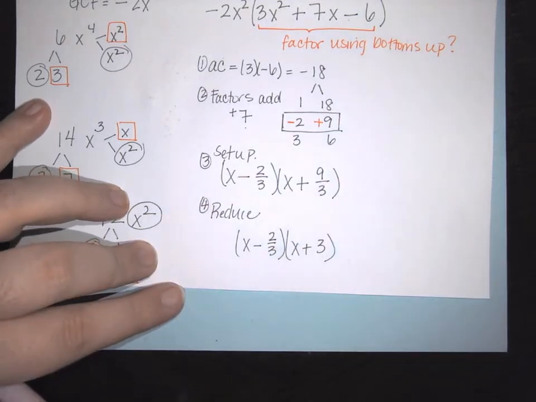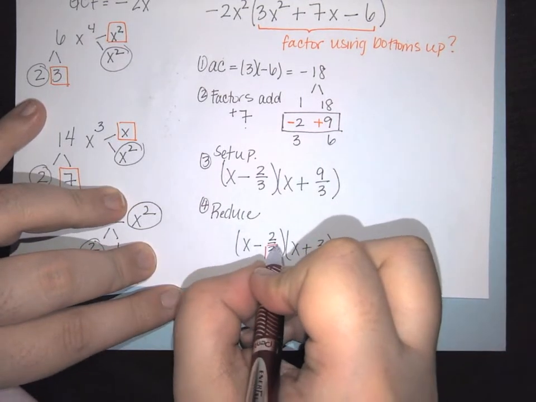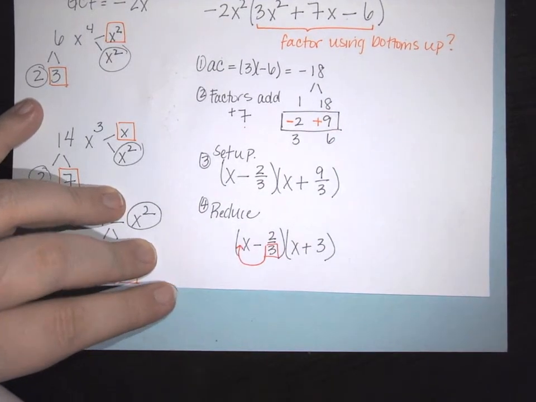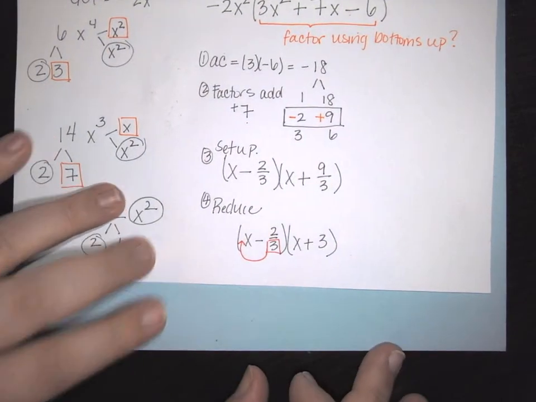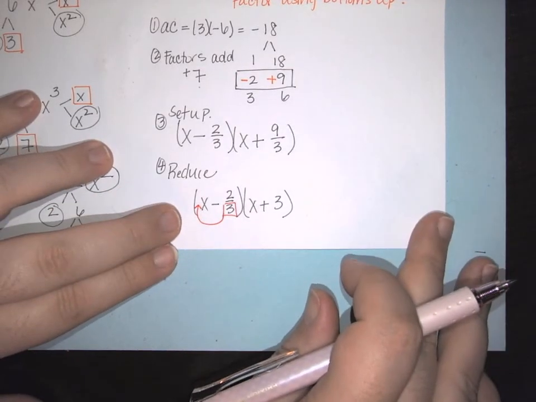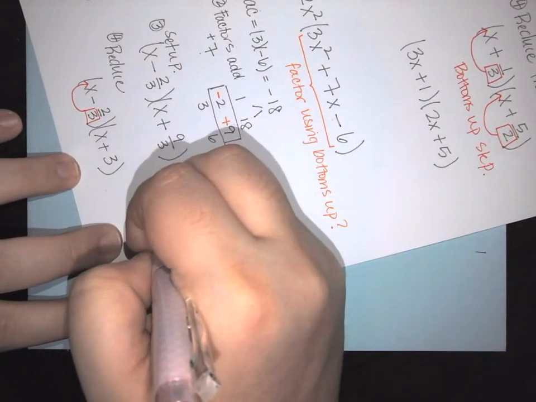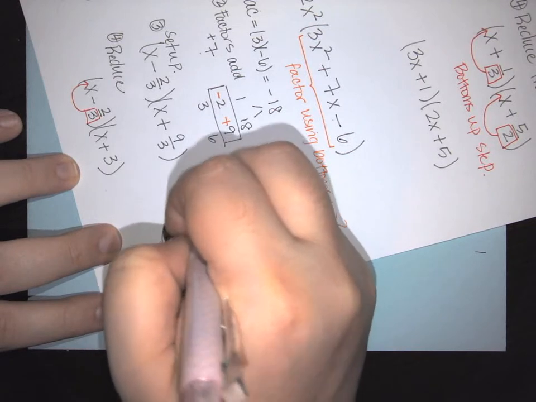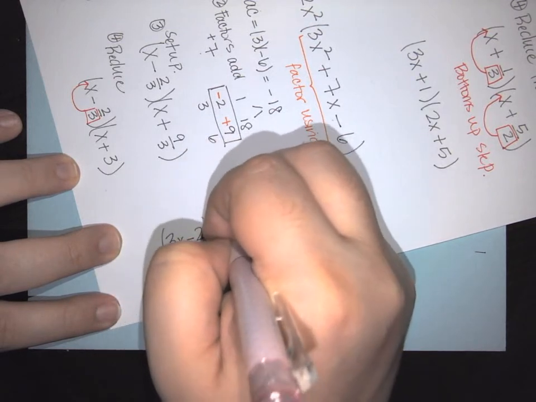The last step is I need to take my bottom term here and I need to flip it up. And so this is where we actually get our final factored result. And so here what we end up getting is 3x minus 2 times x plus 3.